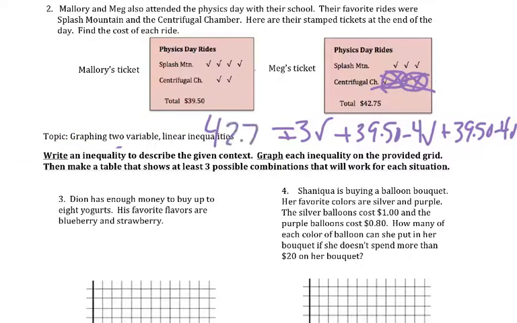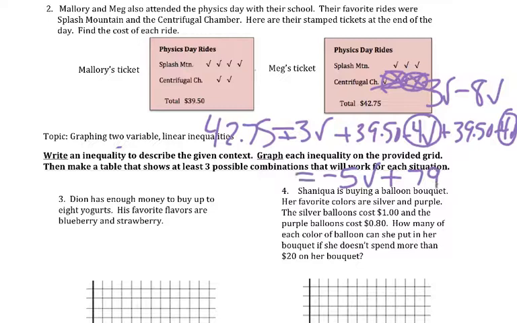and that would give us the cost of $42.75. Okay, so that's like -8 Splash Mountains, +3, so it'd be -5 Splash Mountain tickets, plus 39.5 plus 39.5, which is going to give me 79, and that's equal to $42.75. Subtract 79 from both sides.